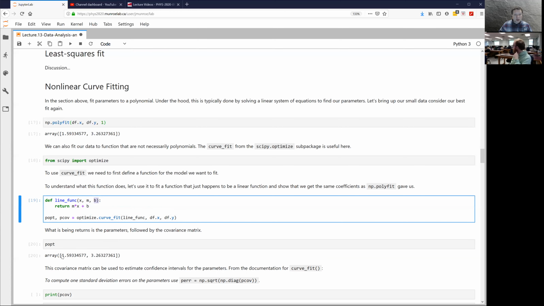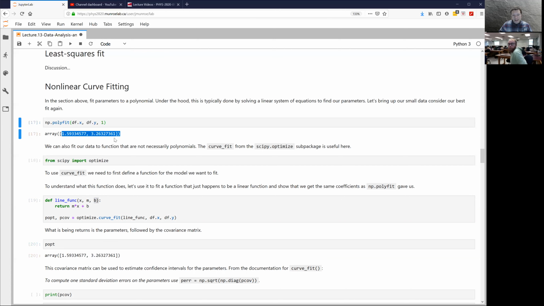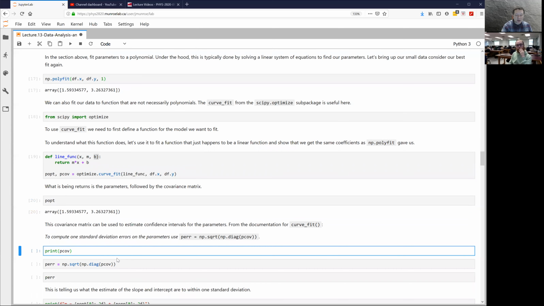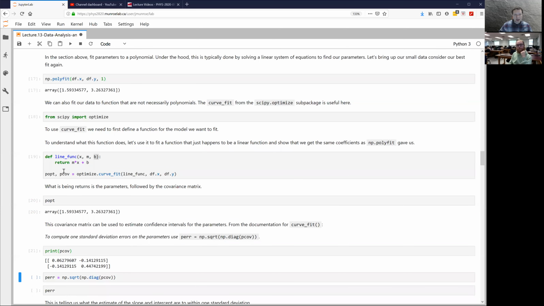And you should notice that the 1.59 and the 3.26 are exactly the same. But curve_fit is also giving you a bit more information. It's giving you back this thing called a covariance matrix, another block of information. This block of information is related to the covariance of how these two parameters relate to each other.